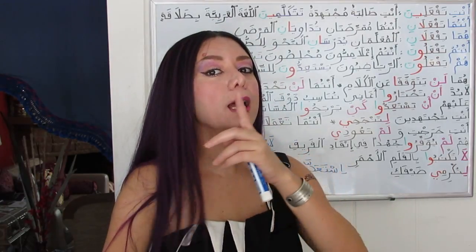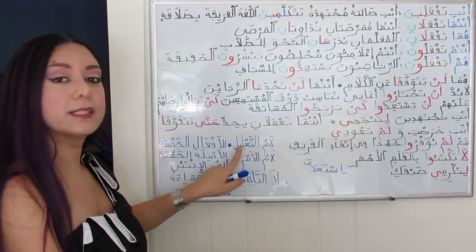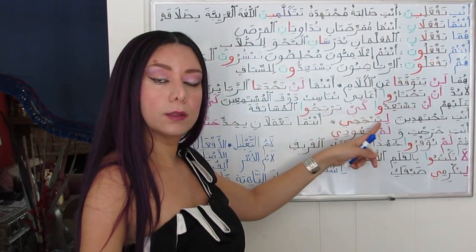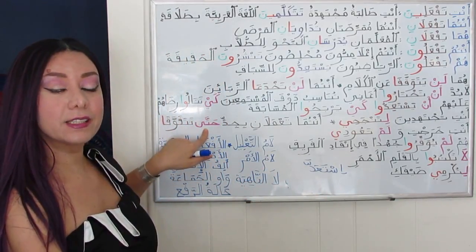Or لام التعليل. لام التعليل means lam of justification or reasoning, like here, and it comes with a kasra. There are too many lams. I will make a lesson about that. Or the preposition حتى, which means till or to. It has too many meanings.